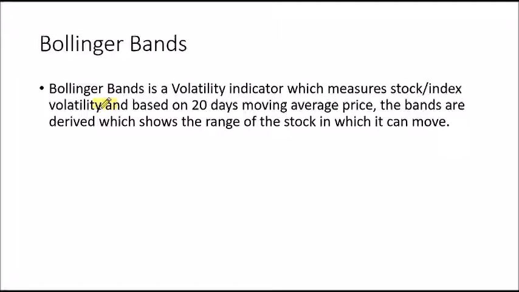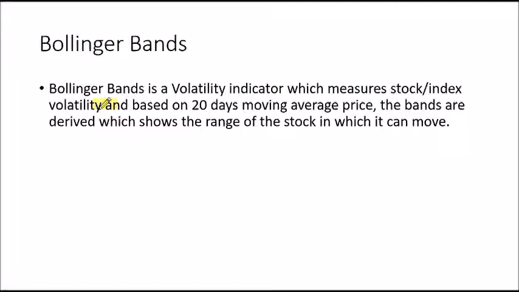So what does this mean? That the upper band is 530 and the lower band is 490. In short, these bands are the range of the stock where it can move.